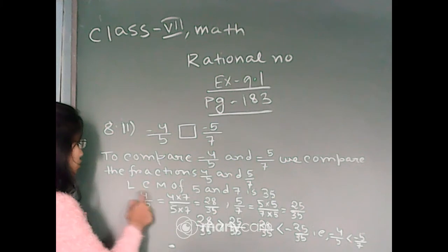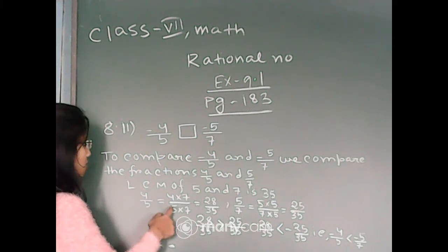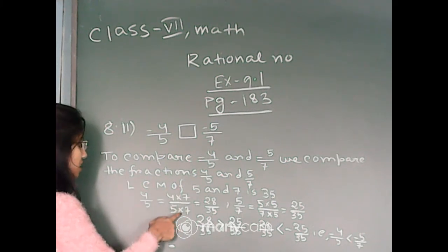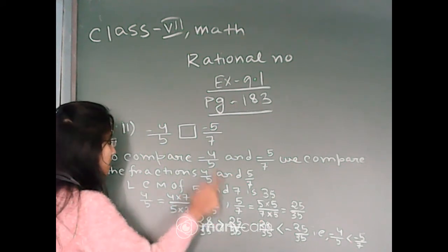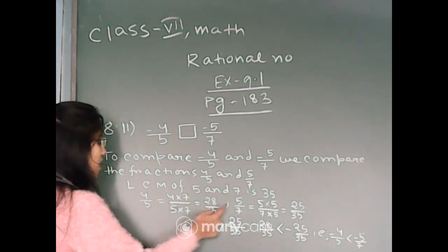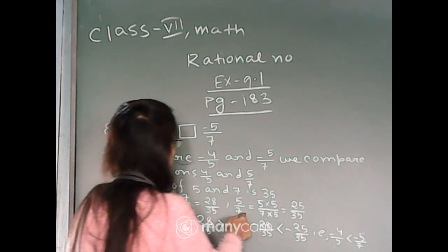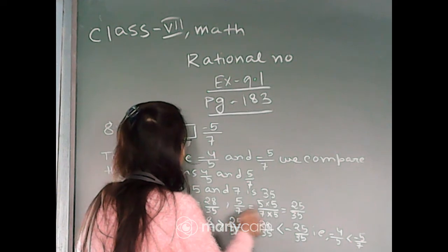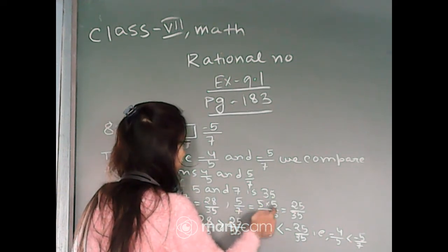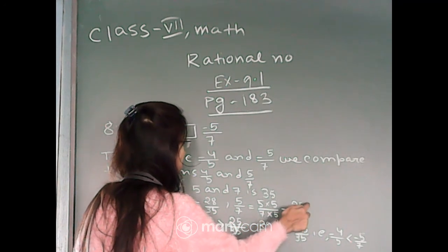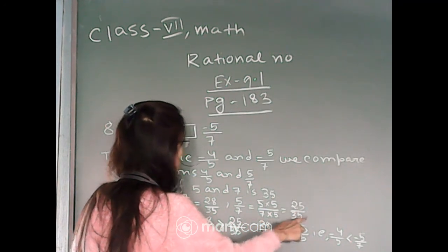To make the denominator 35, we multiply both the numerator and the denominator by 7, and we get 4 divided by 5 is equal to 28 divided by 35. And by 5, we get 25 divided by 35.